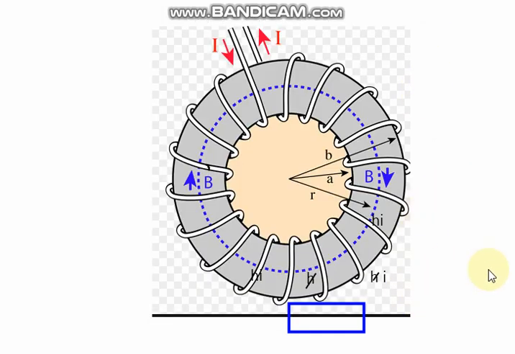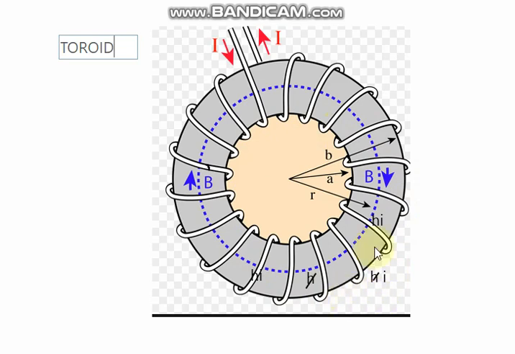Next we will determine the field due to a toroid. Now in the figure you can see a toroid, and you can see that it is actually a solenoid which is curled in the shape of a ring.